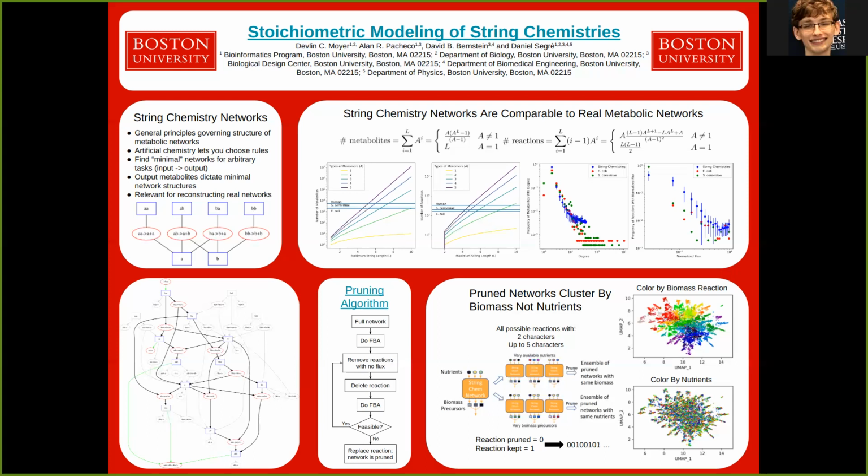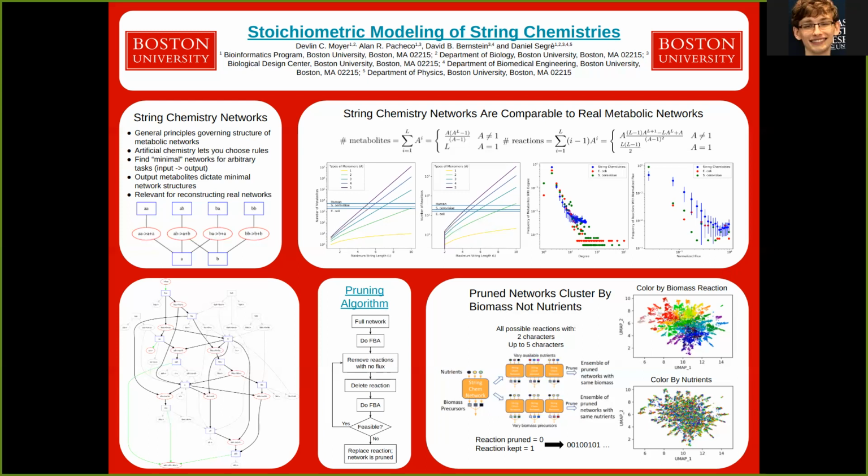And the first thing we checked was, all right, 2 things we know about each pruned network. We know what the biomass reaction was when doing FBA to prune the network, the objective function. And we know what food sources that network could use to make those biomass precursors. So in the top plot, we colored each network by which of the 100 biomass reactions it had. And in the bottom plot, we colored each network by which of the 100 nutrient environments the network had.